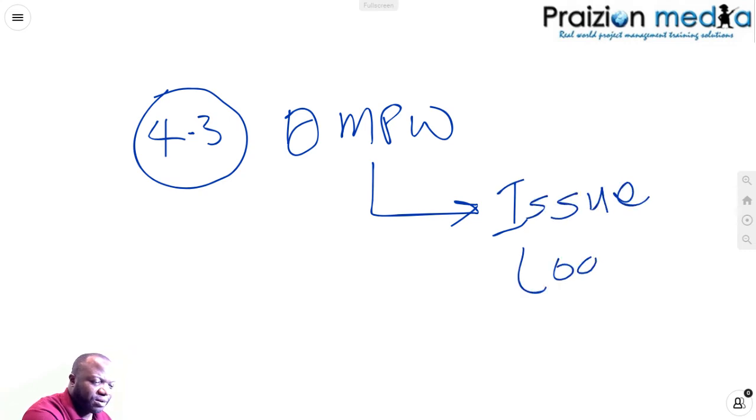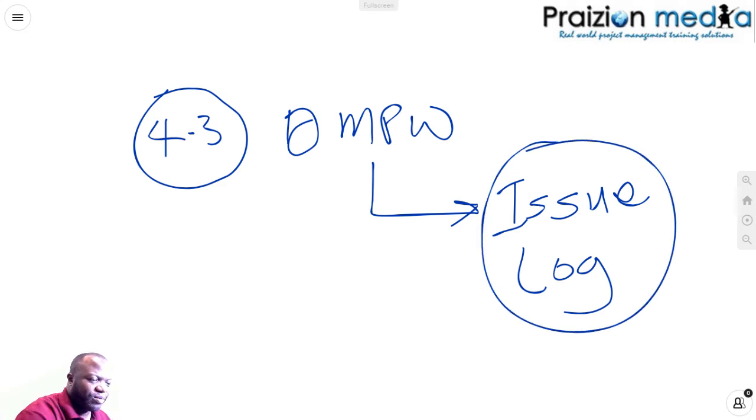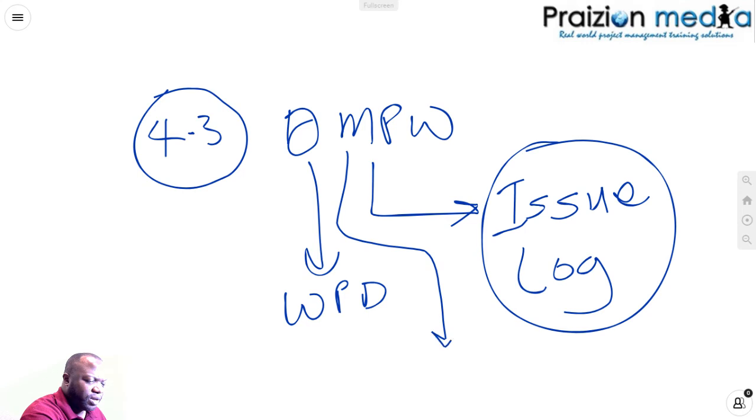If you remember, the issue log came from a different process, but now the issue log comes from direct and manage project work. Definitely something you want to think about. Of course, we've got our WPD still from there, and we also have our deliverables from there as before. But the issue log is a new concept coming from direct and manage project work.